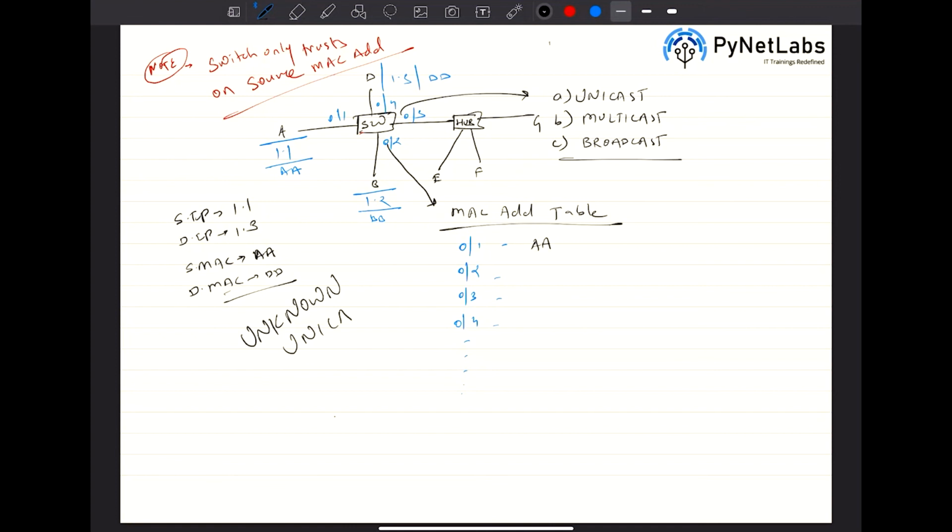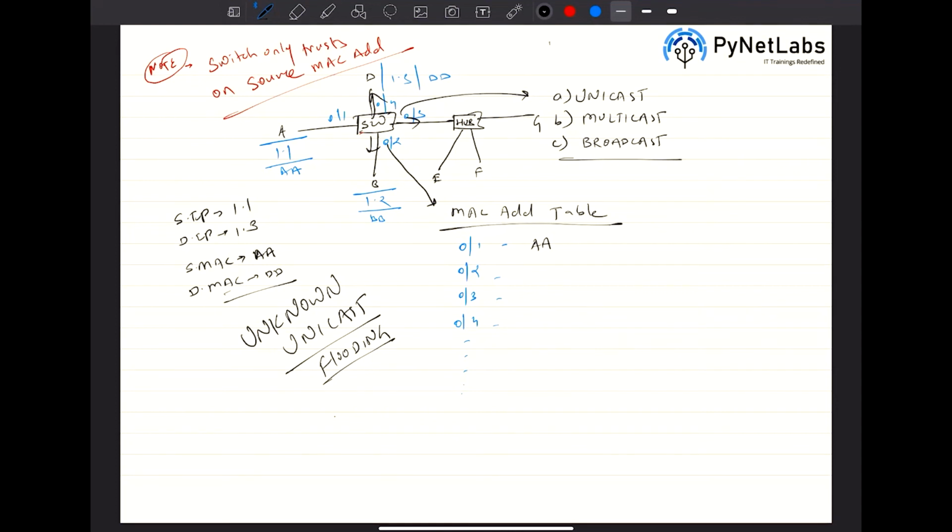Whenever a switch receives an unknown unicast message, it does unknown unicast flooding, where it forwards the traffic out on all the ports it's connected with, except the port on which the original frame was received.